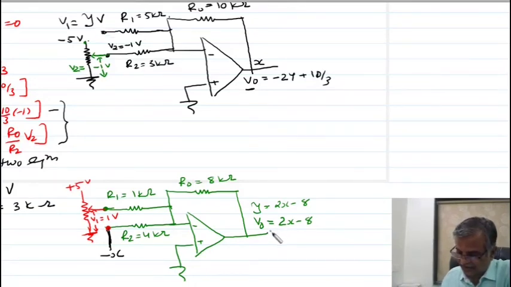So I will take the output of this circuit, first this circuit, second this circuit. Output of this I will connect to the input of the circuit first. So y I will connect here.